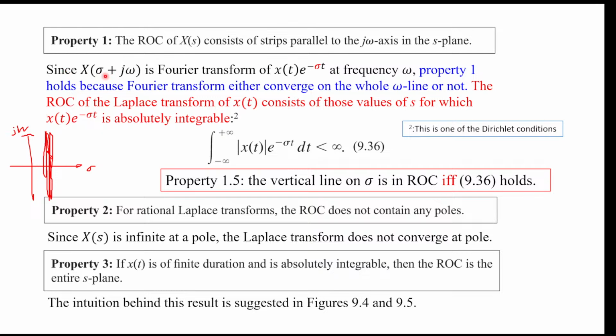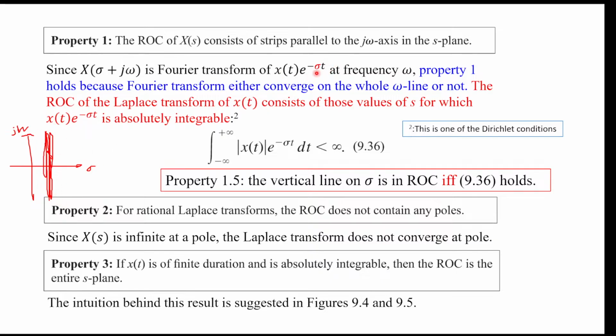And really, this property comes from a property of Fourier transform that we didn't explicitly prove, but we assume that the Fourier transform will either converge or diverge for the whole omega line. We say x of sigma plus j omega corresponds to the Fourier transform of x of t e to the minus sigma t at some sigma.